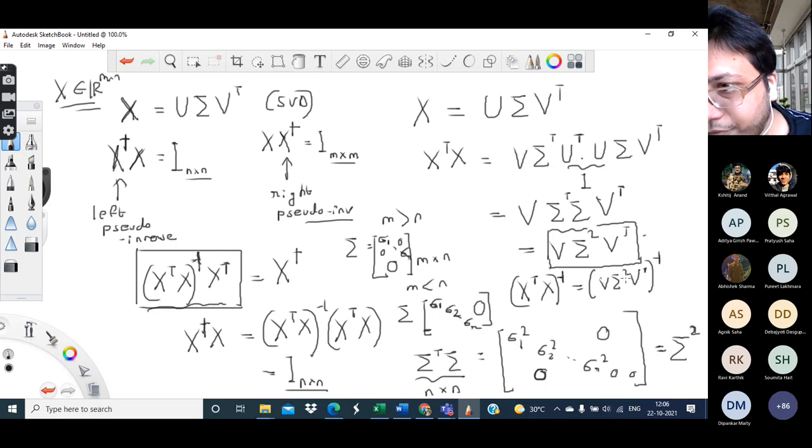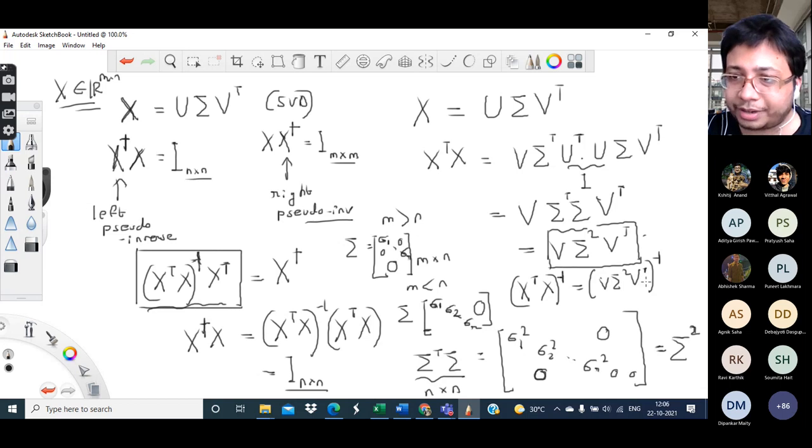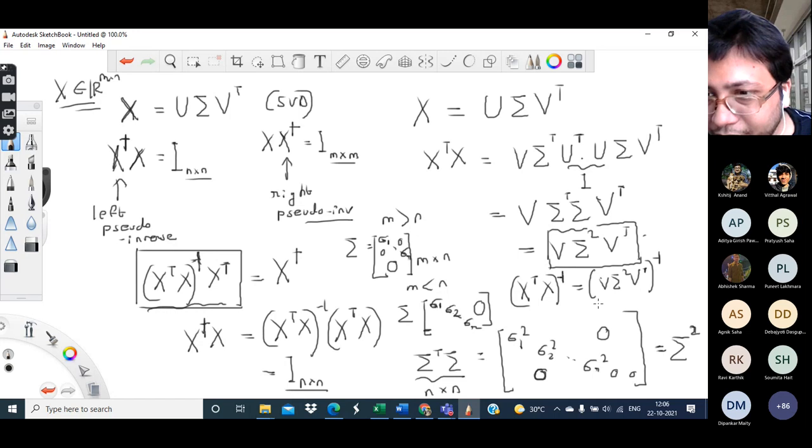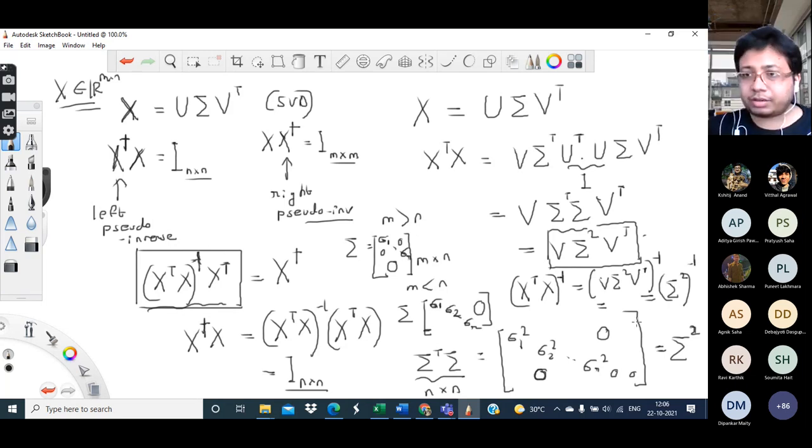Noting that V is an orthonormal matrix, and applying some standard properties, you can calculate that this is nothing but V sigma square whole inverse V transpose. So if the sigma square matrix is like this, what is the sigma square inverse matrix going to be?